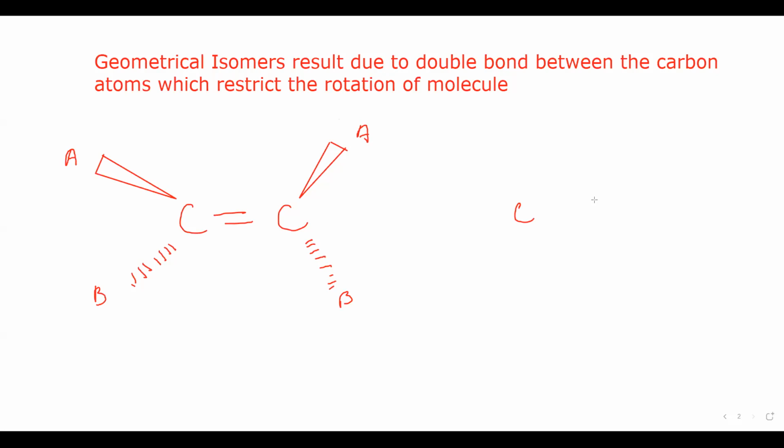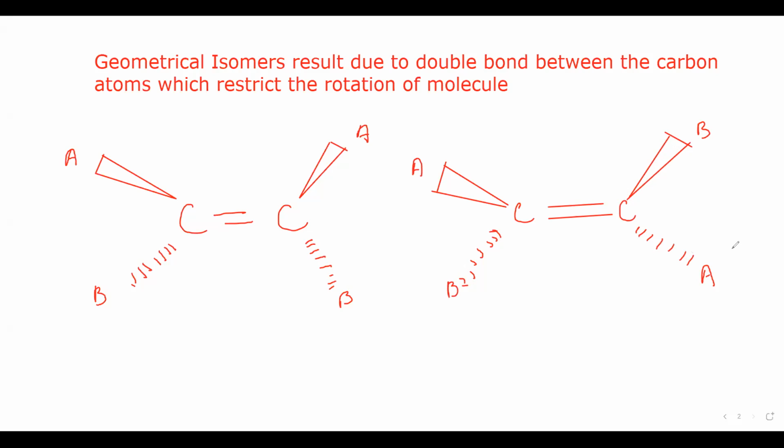The second possibility is the position might change for A. Like for one it is in, the other one it is out, and for the other one it is in, another one is out. So this is A and B, but on the other side B is up, B is in, and A is out.